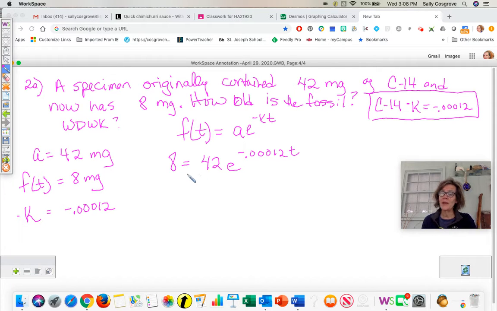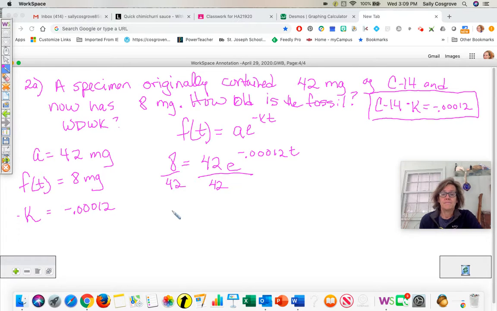So now we're going to work backwards. And so when the variable is in the exponent spot, you know that at some point we're going to have to put it in log form. But before we put it in log form, we've got to isolate the exponent, e to the whatever. So if we have anything that's being added or subtracted, we need to undo that. If we have anything that's being multiplied or divided, we need to undo that. We got this 42 out front. Let's divide both sides by 42.